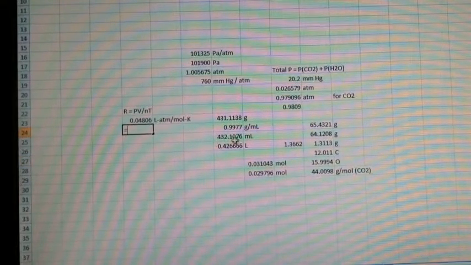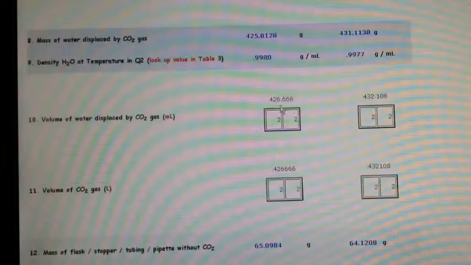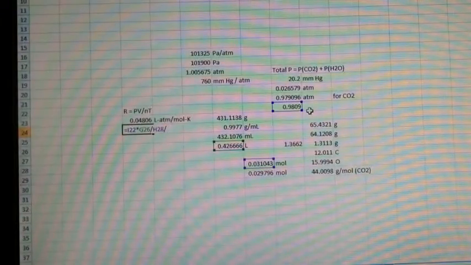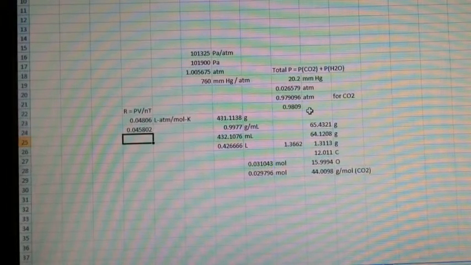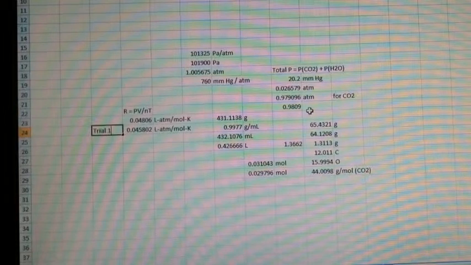Now I can take that pressure times the volume, in liters, in atmospheres, per mole, and this time for trial 1, divided by the temperature for trial 1, which was 294.35. So here is for trial 1, and this was for trial 2.